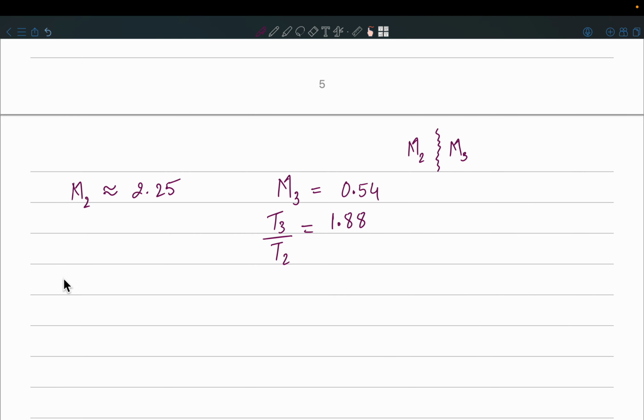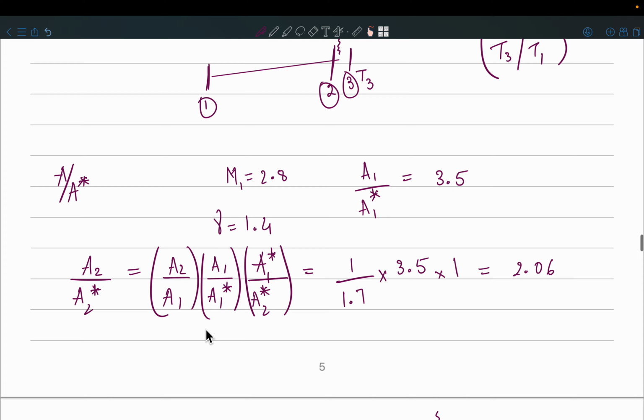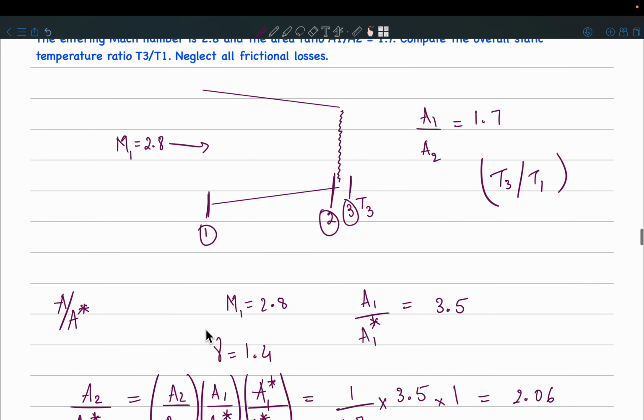So now we have T3 by T1 is equal to T3 by T2 multiplied by T2 by T1. So we know T3 by T2. How do we get T2 by T1? Continuity equation, how will that give us temperature?